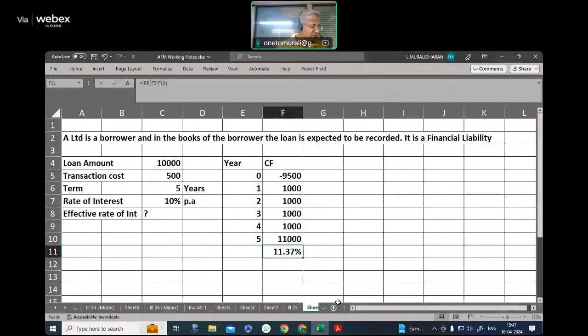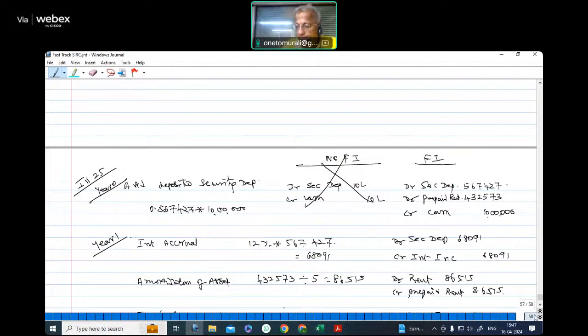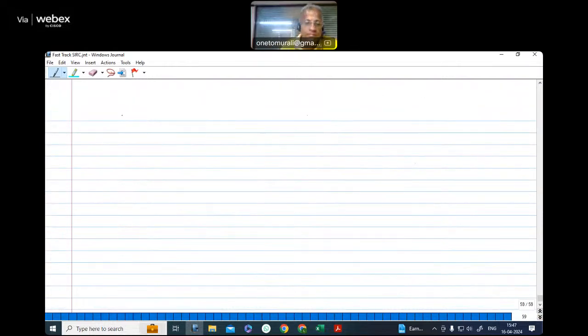So how do we normally do this under examination conditions? Here I am having Excel, but I'm doing it under examination conditions, how it is to be done. Years 1 to 5. Cash flows are 1,000 and 10,000. Annuity factor or PV factor.